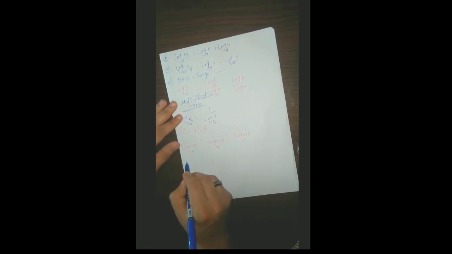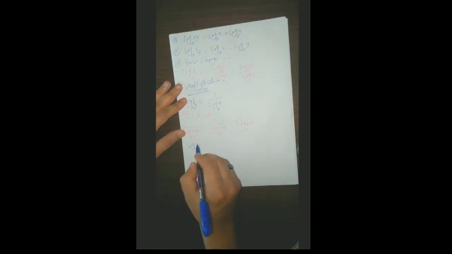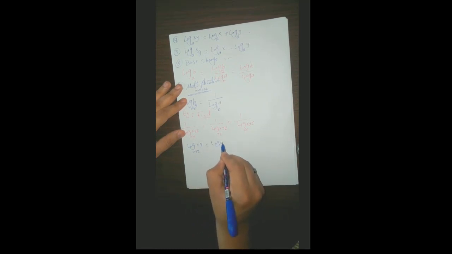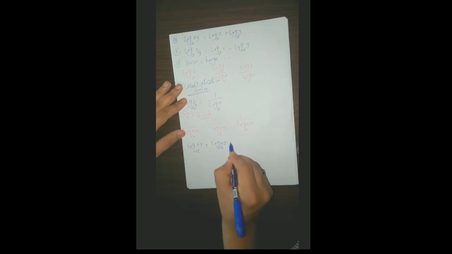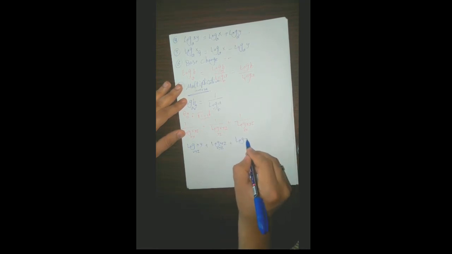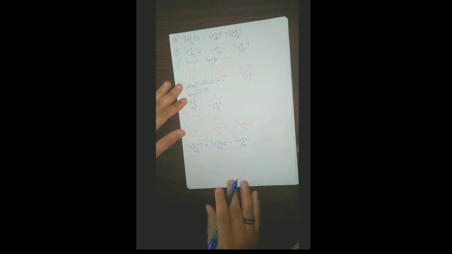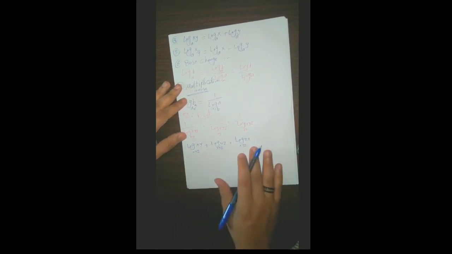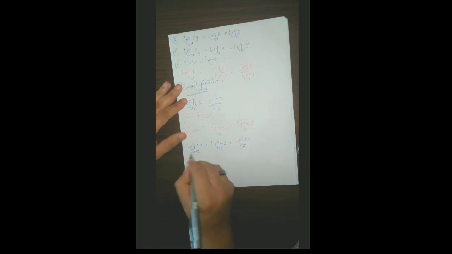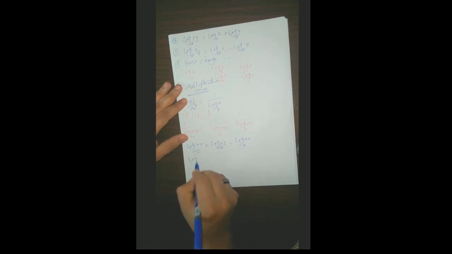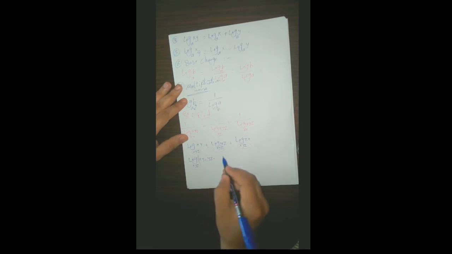Then it is equal to log xy to the base xyz plus log yz to the base xyz plus log zx to the base xyz. Log plus log plus log, and here we have the same base. Then I'm going to use the product property: log base xyz of xy times yz times zx.